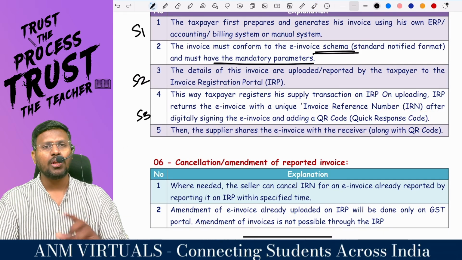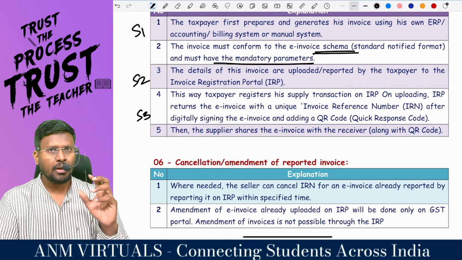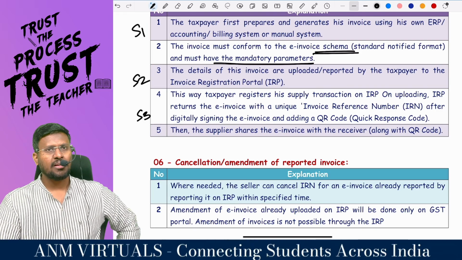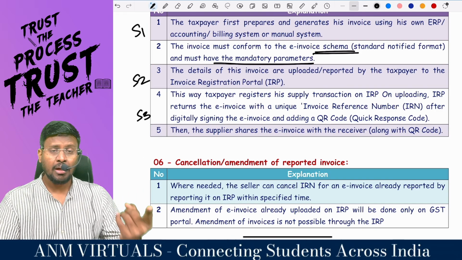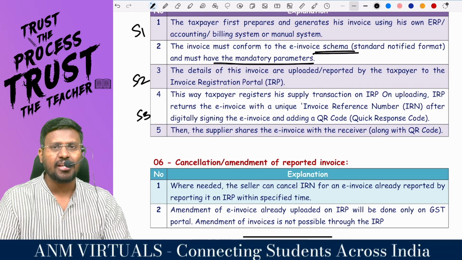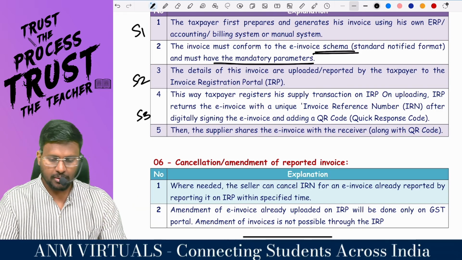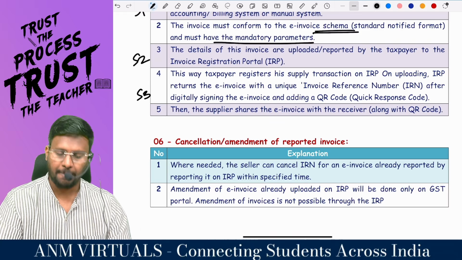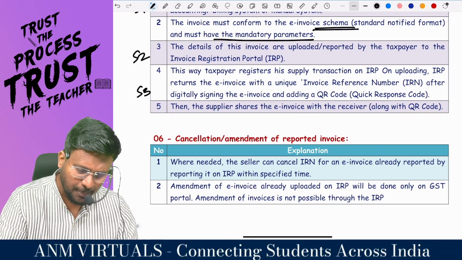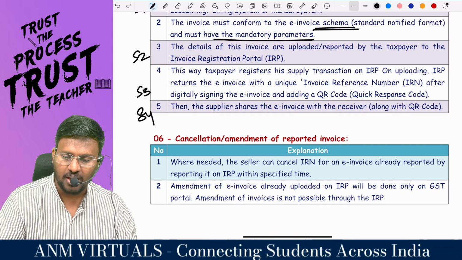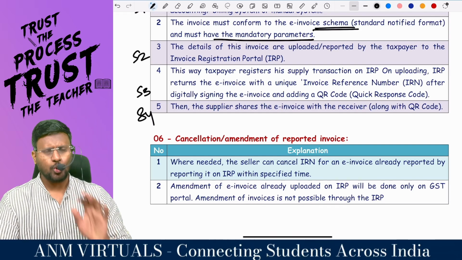Once you upload the e-invoice, my dear lovable students, in the IRP, that IRP will return back to you the e-invoice after adding the digital signature and also the what code? QR code. That means after adding the IRN. What is IRN? Then step number 4, sir, the supplier shares the e-invoice with the recipient along with the what code.